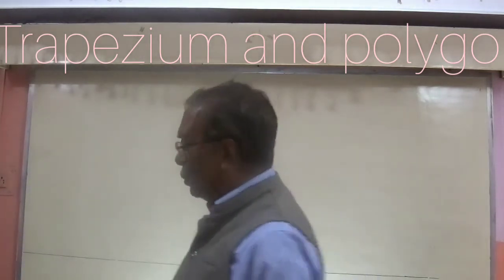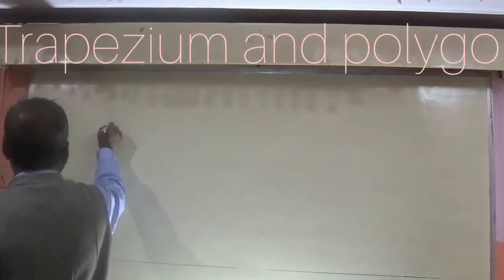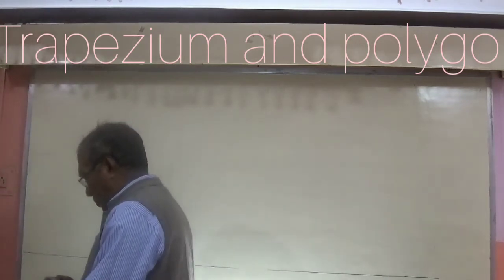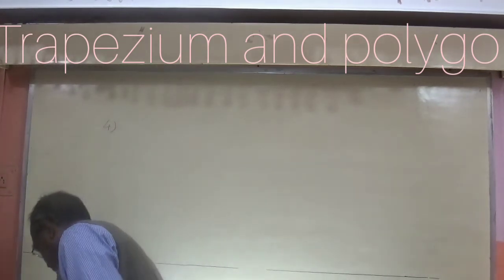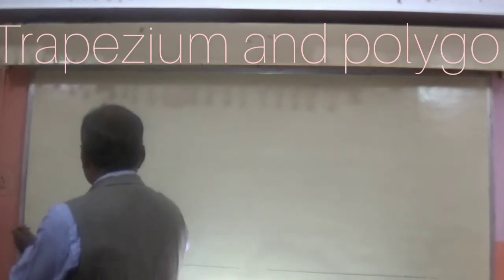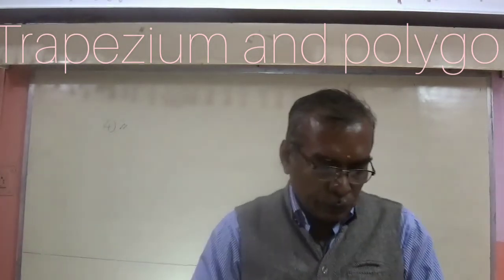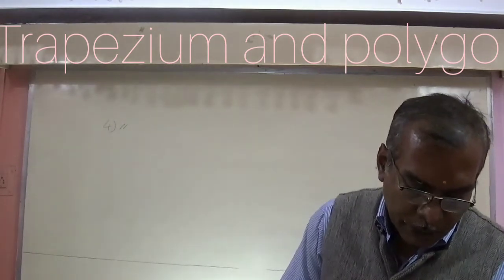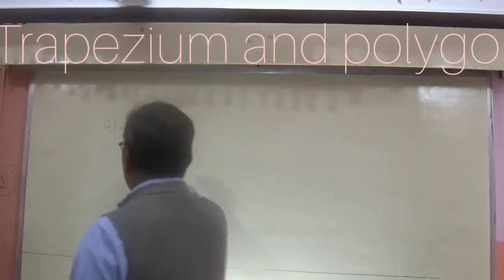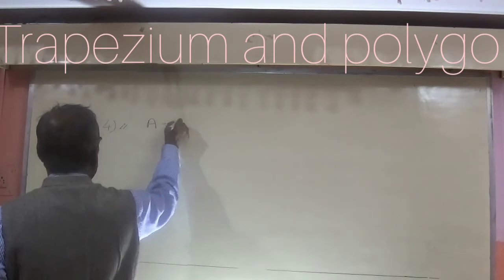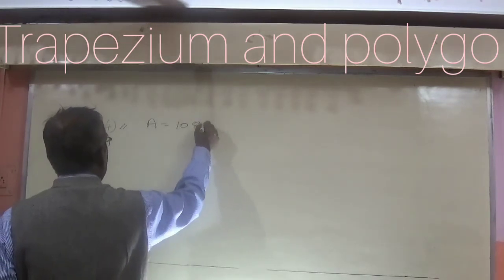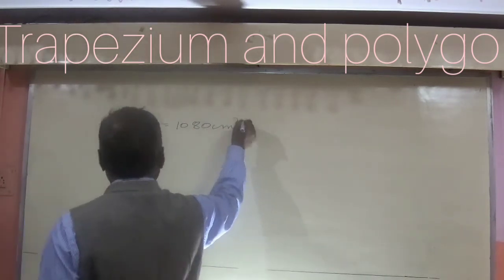Question number 4. The area of a trapezium is given as 1080 centimeter square. They are not asking you to find the area, it is given.